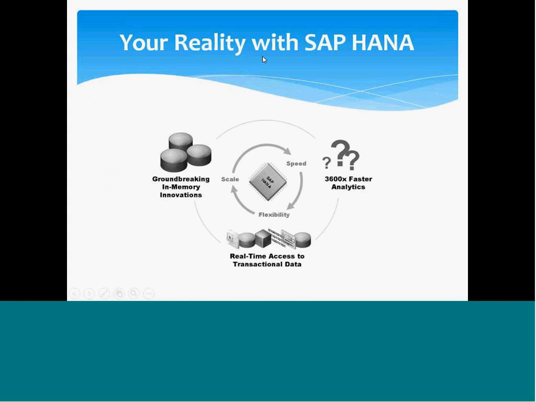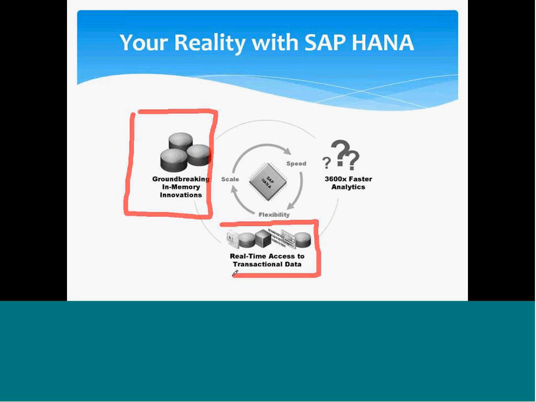So what is the solution? Your reality with SAP HANA. Why? Because SAP HANA is a groundbreaking in-memory innovation. And you have real-time access to the transactional data. It will give you 3600 times faster analytics. Right?